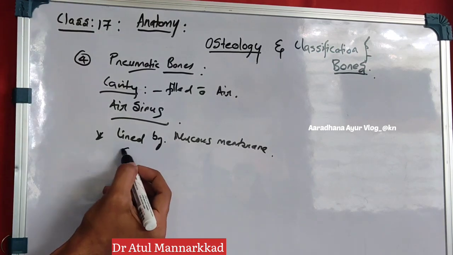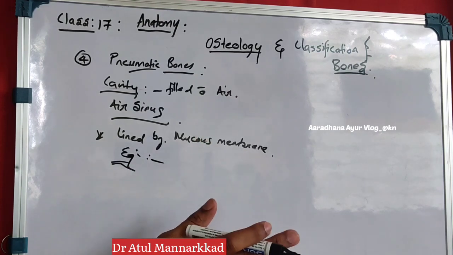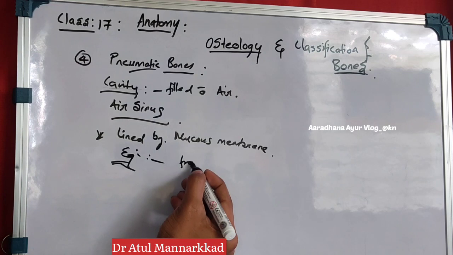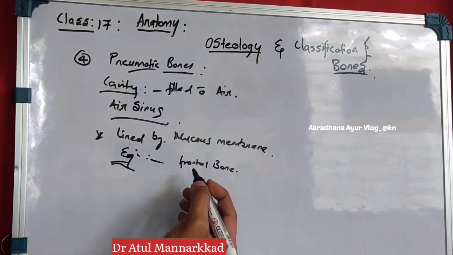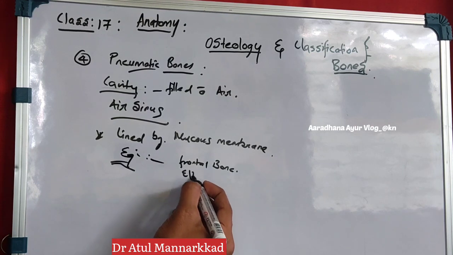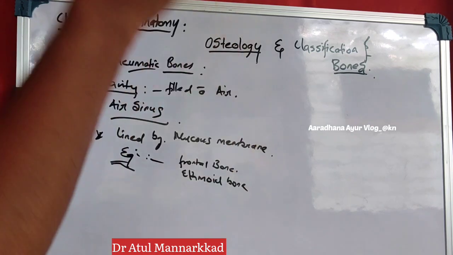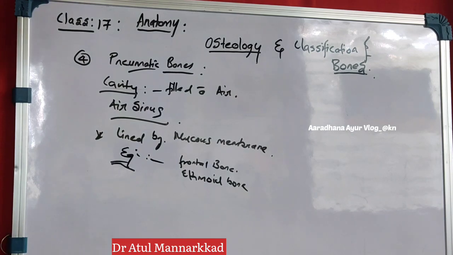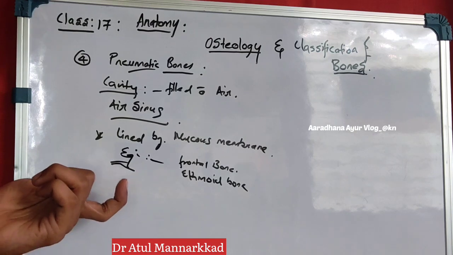While we see some examples, I have told you everything you have to quote one example. Frontal bone is one example, and ethmoid bone. The air cavity is present to reduce the weight of the bone. If an air cavity is there inside the bone, it reduces the weight of the bone.